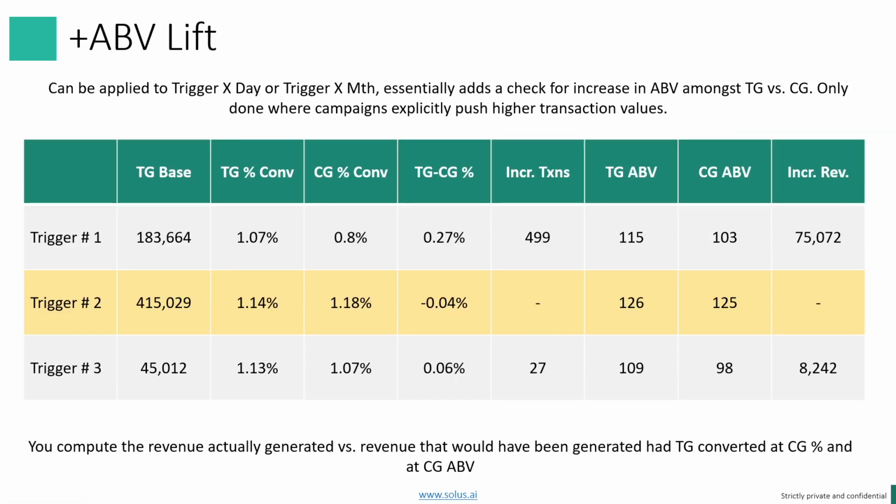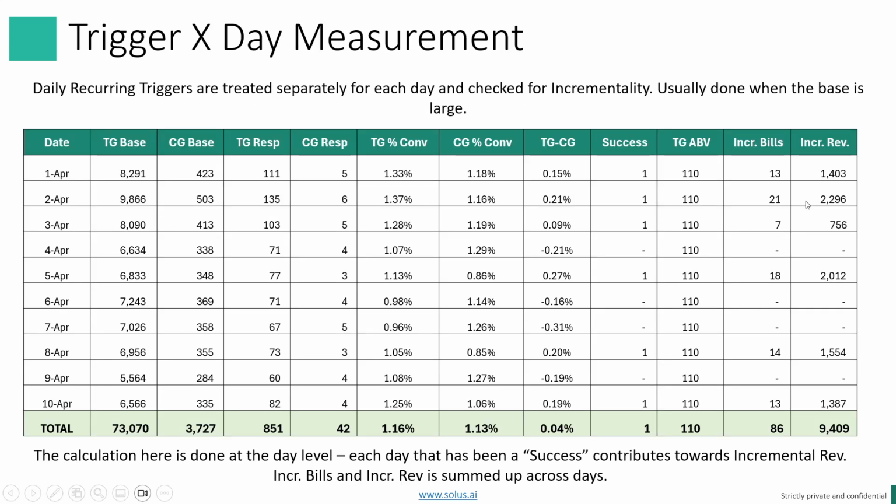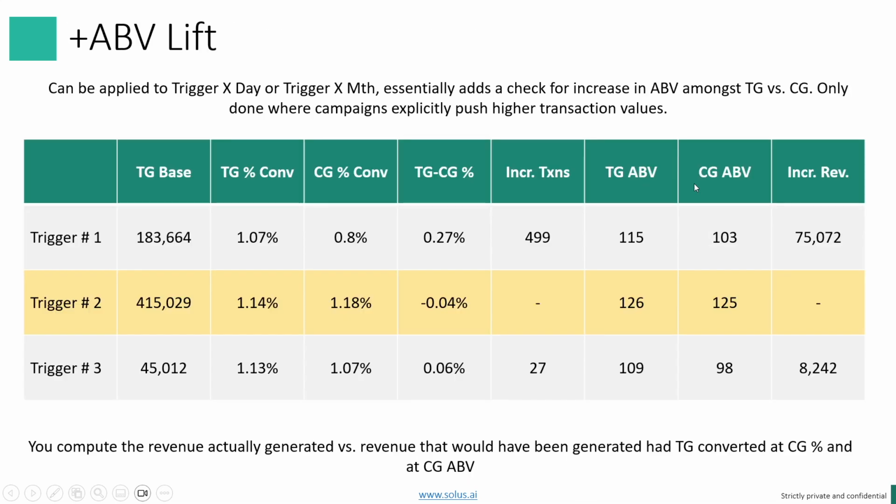The additional nuance is, in everything that we've seen so far, when you get to computing the revenue, you just multiply the number of incremental bills with the average bill value of the target group. But there is sometimes reason to believe that the average bill value has also been elevated as compared to the control group average bill value because of the campaign.